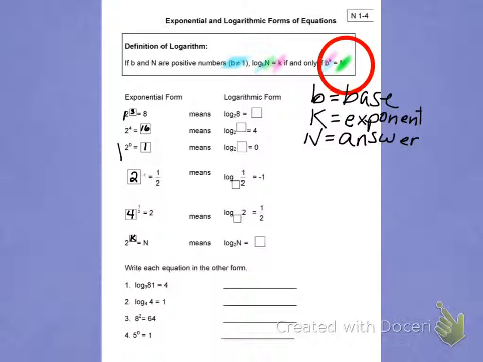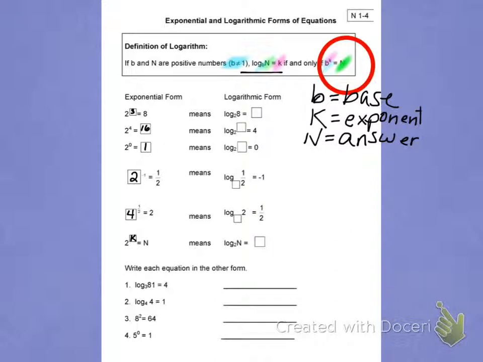Okay, so let's go back and look at the logarithmic form. This is kind of a reverse. Let me get rid of some of these stray marks over here. Now remember, we're looking at this form right here. Log base b.